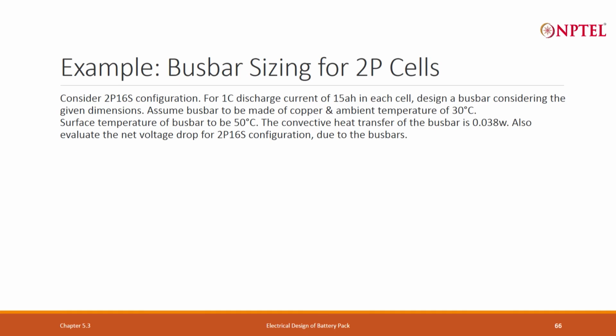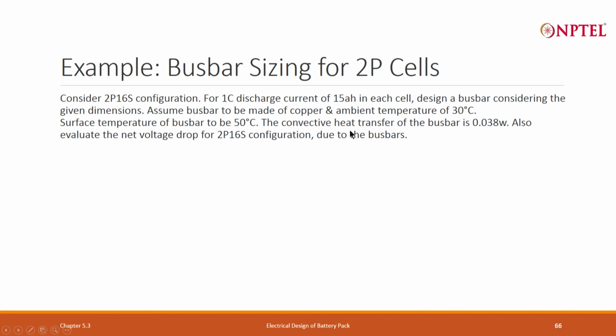Now, another example we have taken here is a 2p16s configuration, which we worked through in thermal as well as mechanical design. For 1C discharge, the cell capacity is 15 Ah. Material selected is copper, ambient temperature of 30 degrees C. The surface temperature of the bus bar has to be 50 degrees C. H of the bus bar is 0.03 watt.